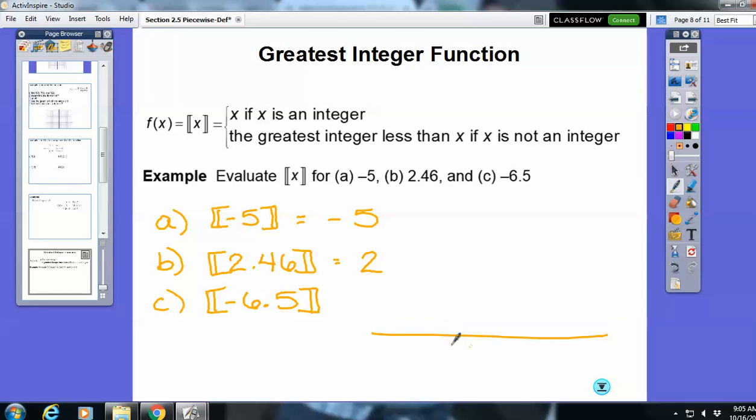The negatives always seem to trip people up, but you guys got it. -6.5 falls between -6 and -7. You always have to give the smaller one, which is the one on the left, so it is -7. Good. Right, any questions so far?